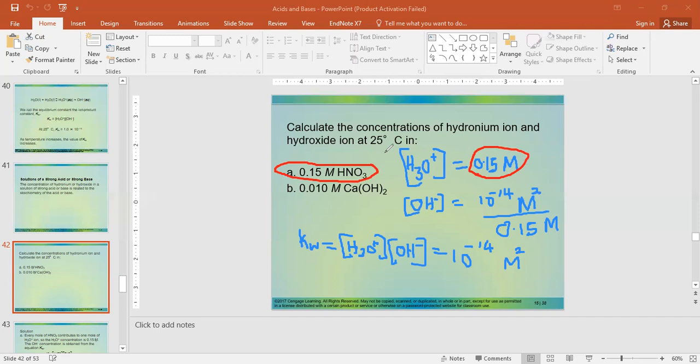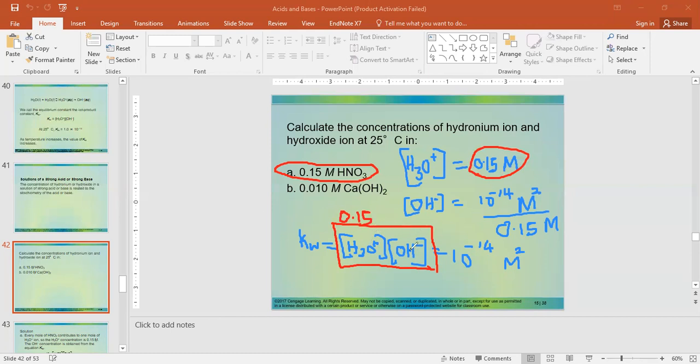Yes. So the ion product of water is what we have given here. Can you see this? And I have explained that when this nitric acid dissociates, it is going to give us 0.15 molar of this hydronium ion, isn't it?